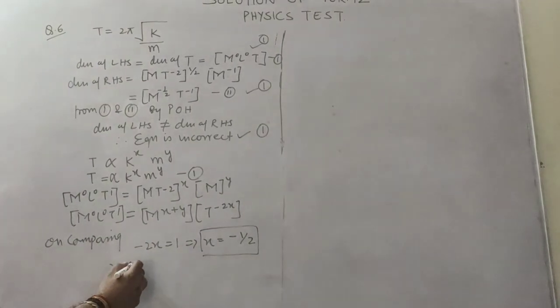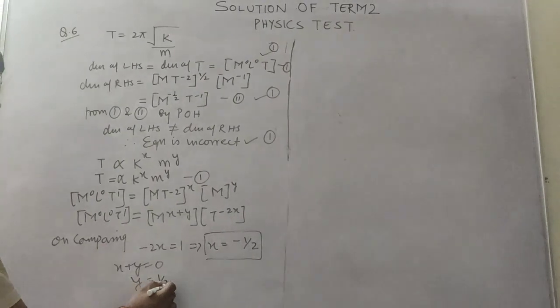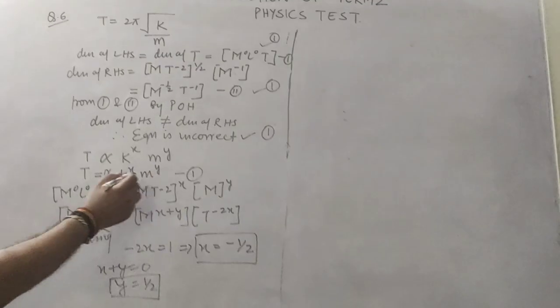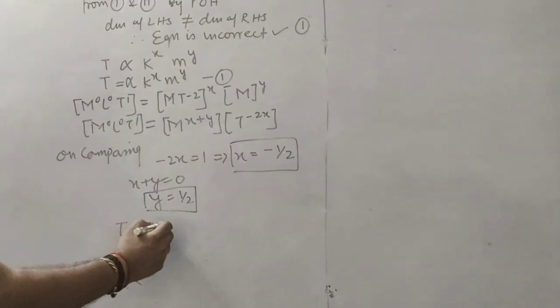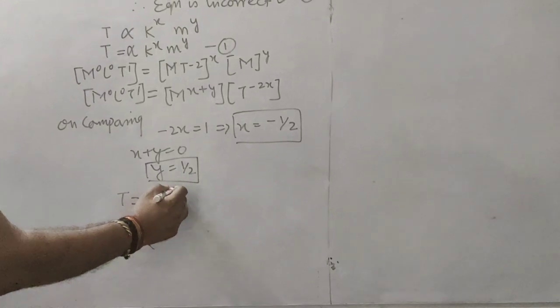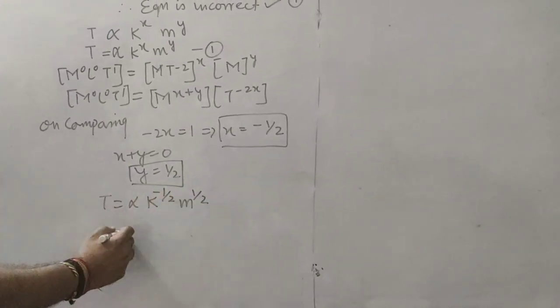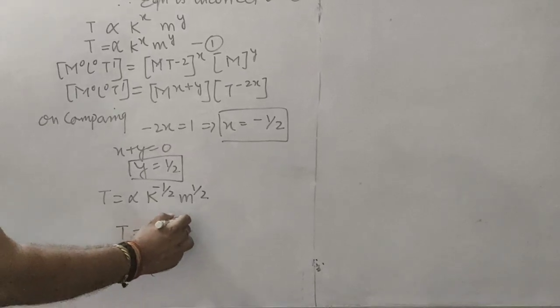And x plus y is 0, which means y is equal to half. Now put these values in equation number 1. So time period is equal to alpha k to the power minus half and m to the power half. So time period is alpha under root m by k.